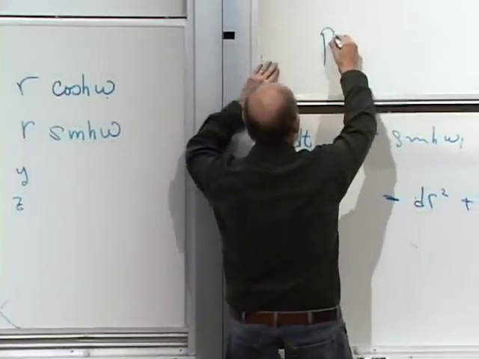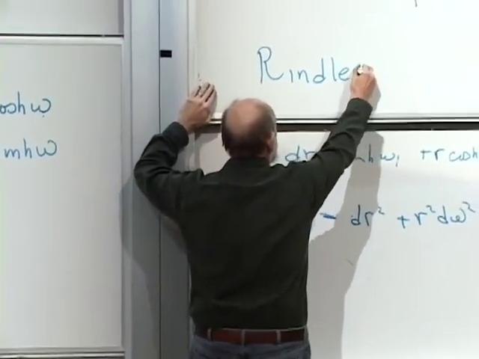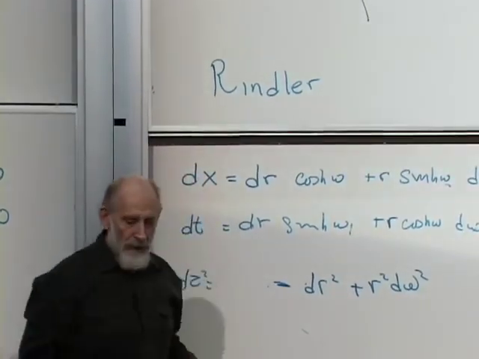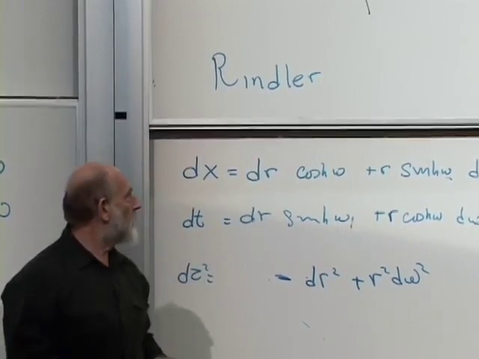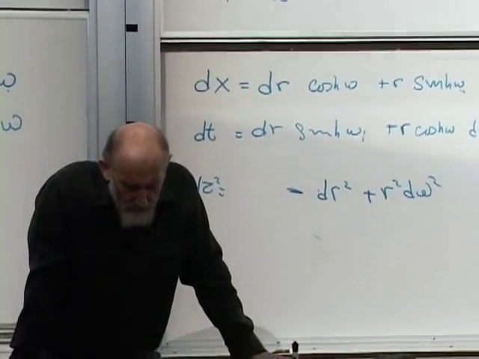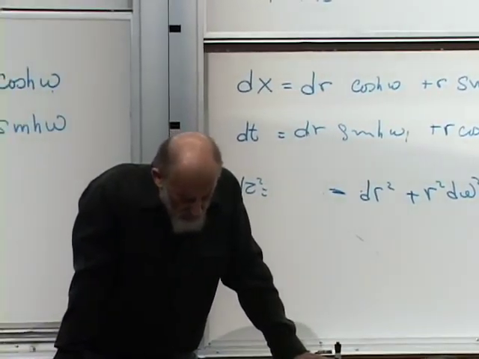I don't know why it's called Rindler space. I presume Rindler was the first one to, he's certainly not the first one to have studied it, but his name got attached to it. He did something, I'm not sure what, but that's the uniform acceleration coordinate system.